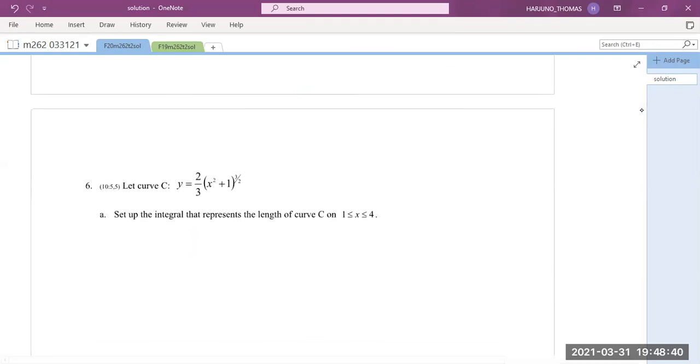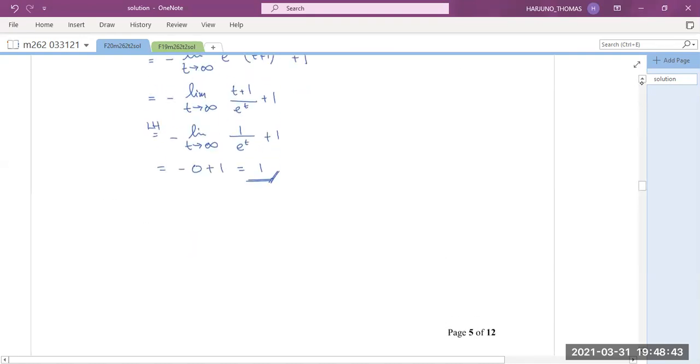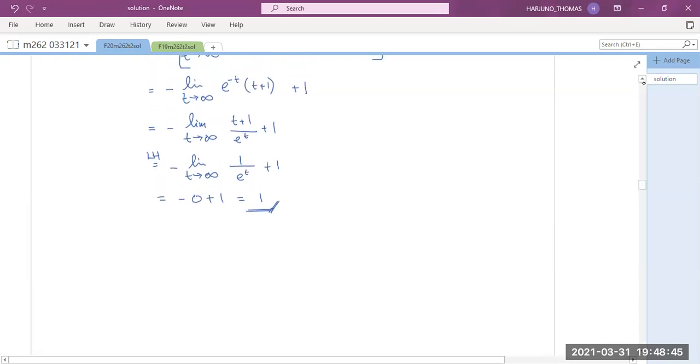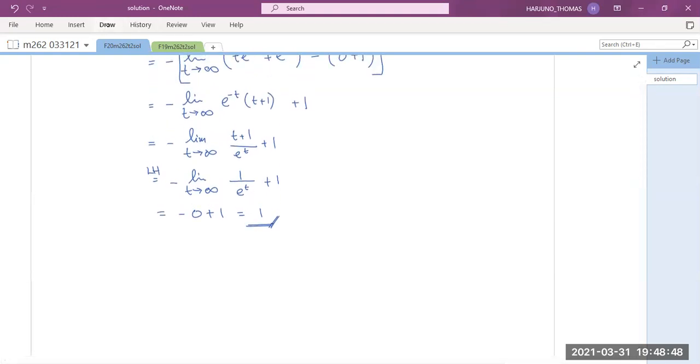Sorry, when you apply L'Hopital's rule, would you apply it only to (t plus 1) over e to the t, or also the plus 1 to the right? The limit here only applies to this part. Oh, I see. Even if I put the 1 there, there's no variable there, so there's no need to compute the limit. The limit of 1 is 1.